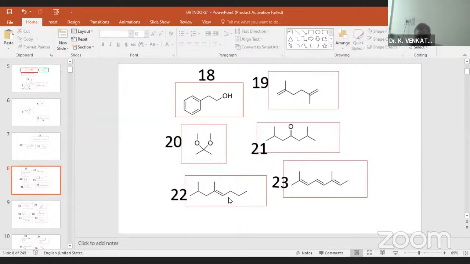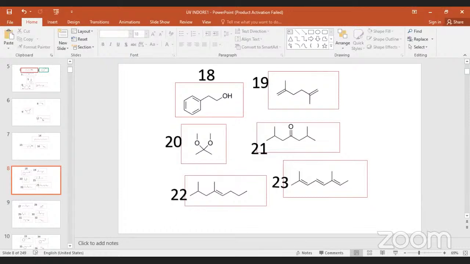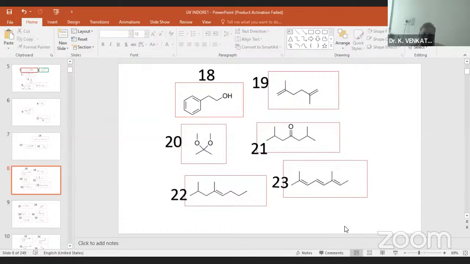The functional group is at the 4th carbon. 2,6-dimethyl-4-heptanol. Still a mistake. Yes, sir. 2,6-dimethylheptan-4-one. Yeah, correct. 2,6-dimethylheptan-4-one.